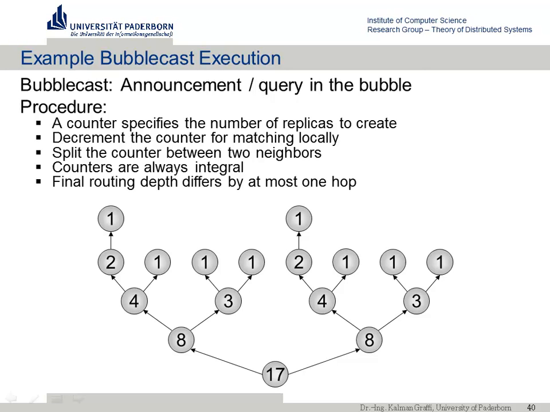In this case my bubble size was 17, and with a split of 2 at every step, I have a logarithm. So the depth of the tree is logarithmic to the base 2. So if a result is available, I'm quickly informed, and there are no long paths to my node.